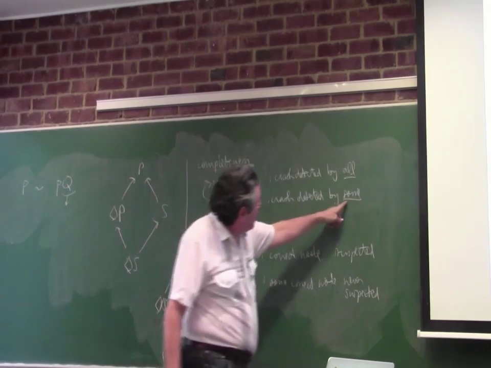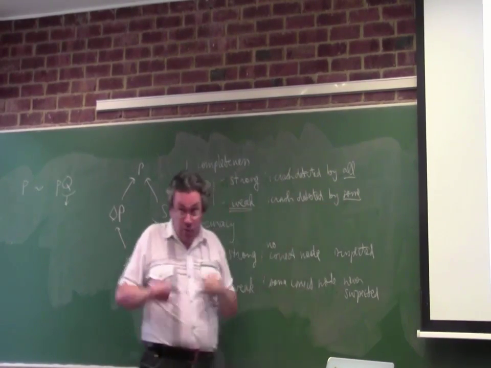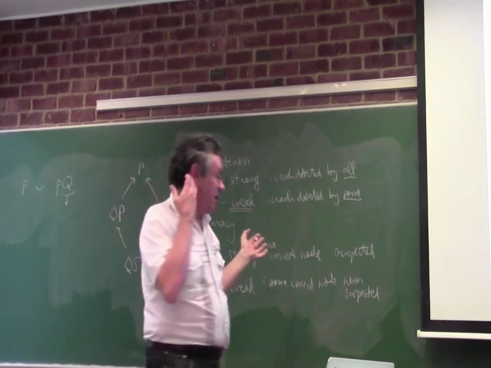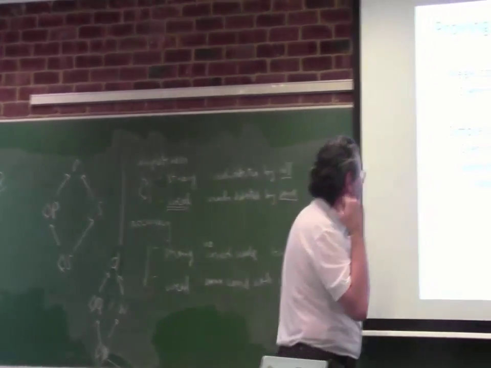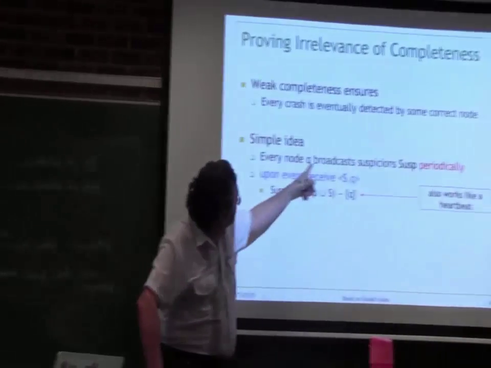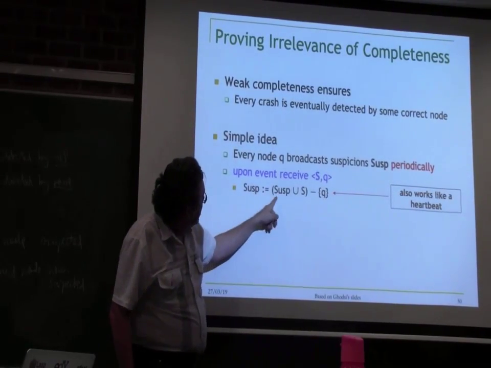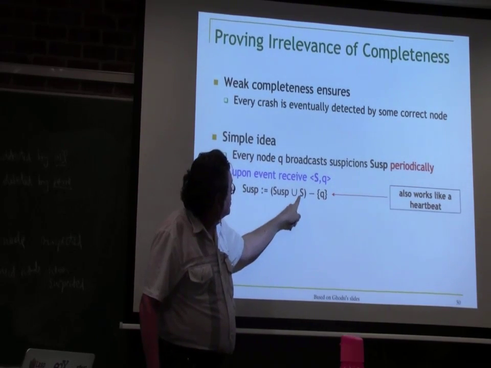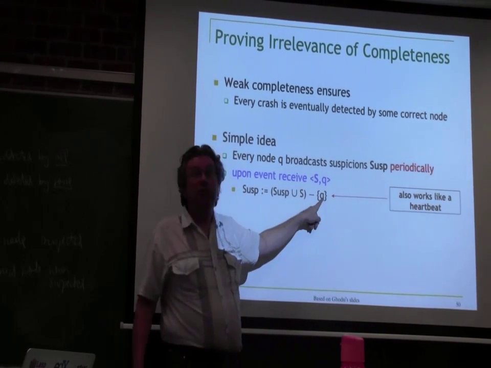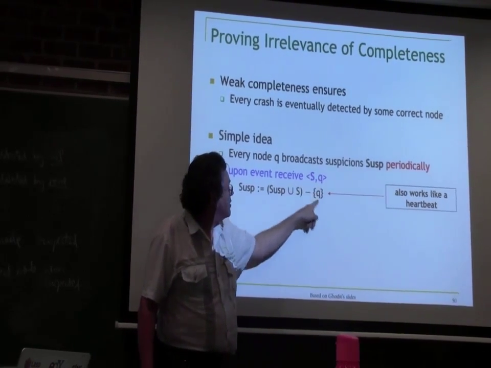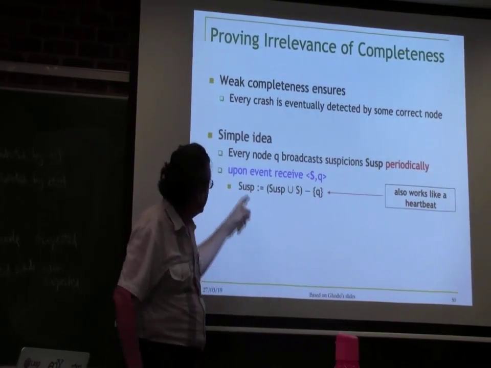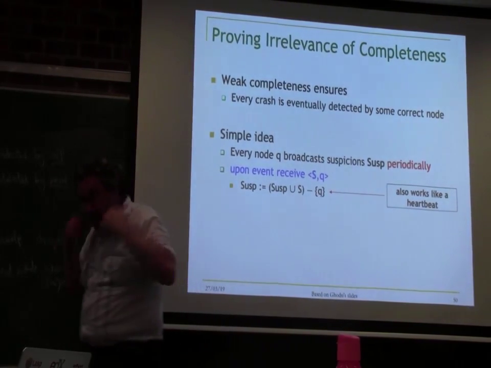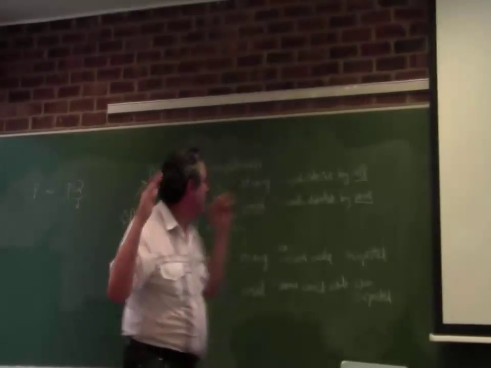That means this one node that sees all the crashes will send that information to everybody. Okay? And when a node receives this broadcast, it adds S, the nodes, to the suspicions, but it also removes Q, because the node that it received things from is clearly working. So you're disseminating the information.